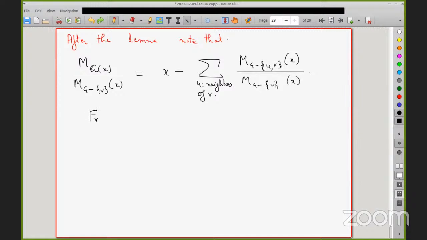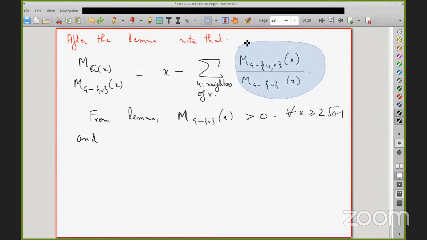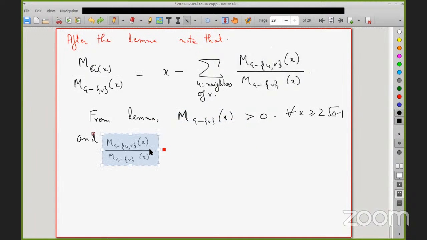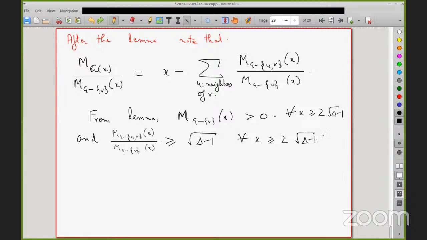So from the lemma, we get that M_(G minus V)(x) is positive for every x at least root delta minus 1, and this quantity here is bigger than root delta minus 1 for every x at least root delta minus 1.